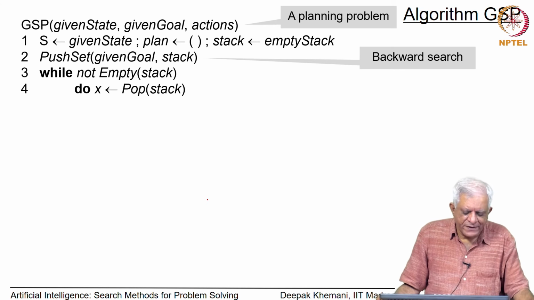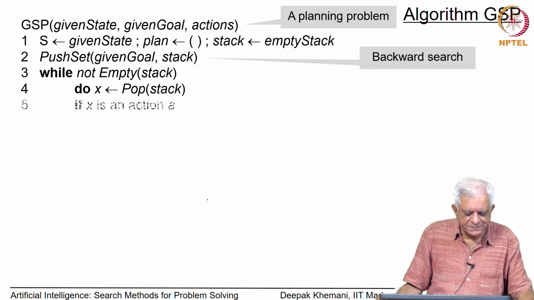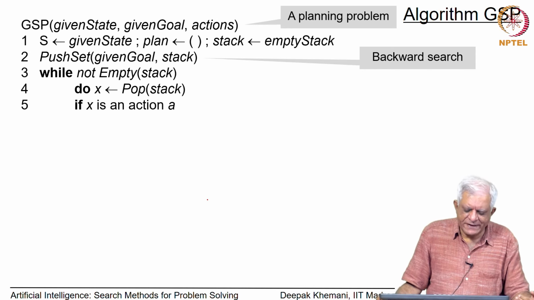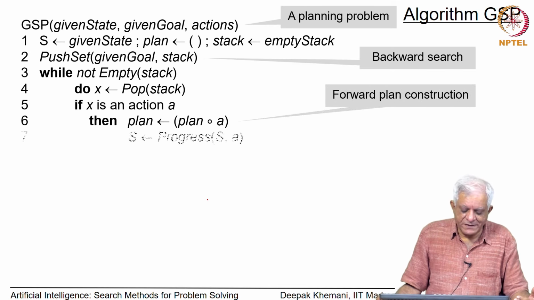So, let us say x is the element that is popped from the stack. It could either be an individual goal, or it could be a compound goal, or it could be an action. And let us see what we do in each of the 3 cases. So, if it is an action A, then we have just argued that it must be applicable. So, we simply add it to the plan.